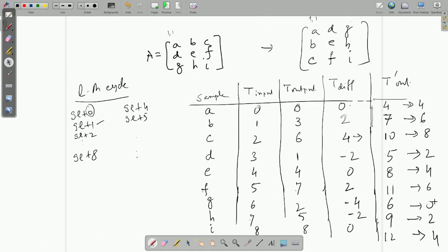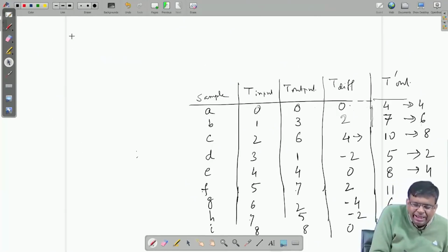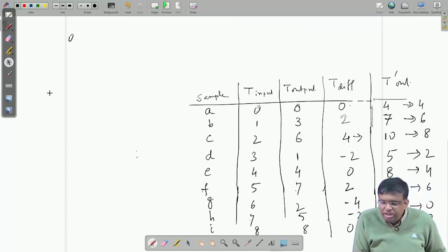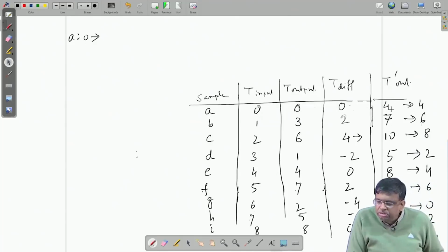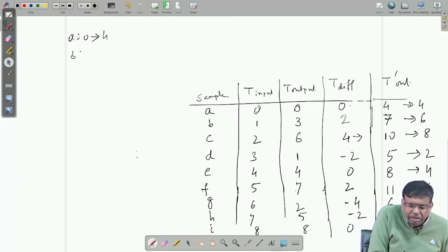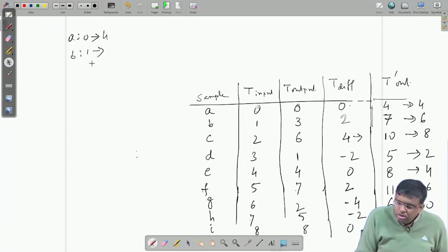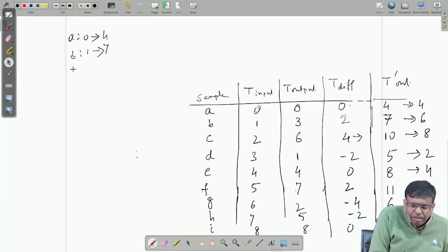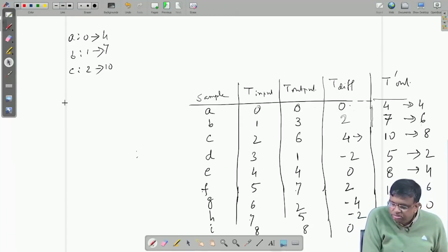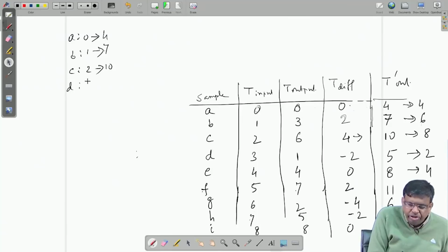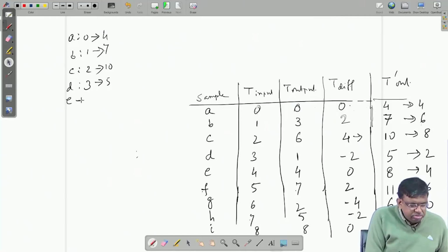All right. So, therefore, let us see the history. A, I am just rewriting from here. A is born in 0 and goes up to 4, and look at this T prime, 0 to 4. B born in 1 goes up to 7. C born in 2 goes up to 10. D born in 3 goes up to 5.